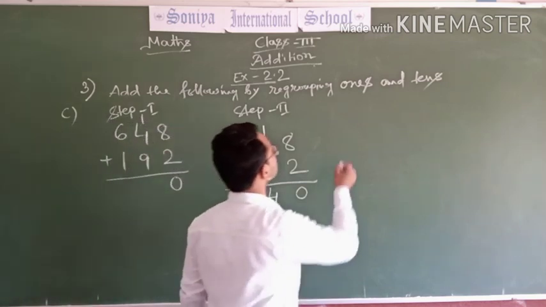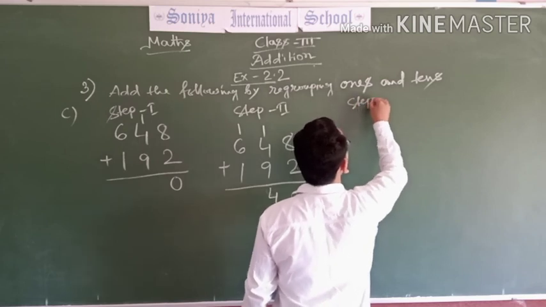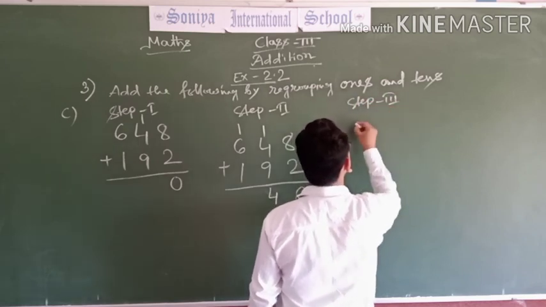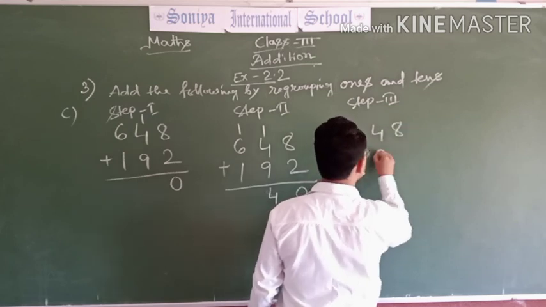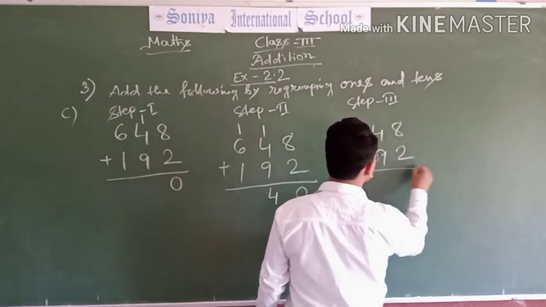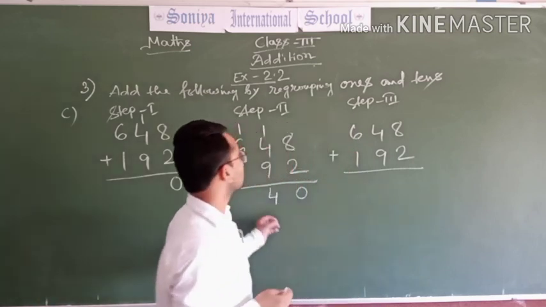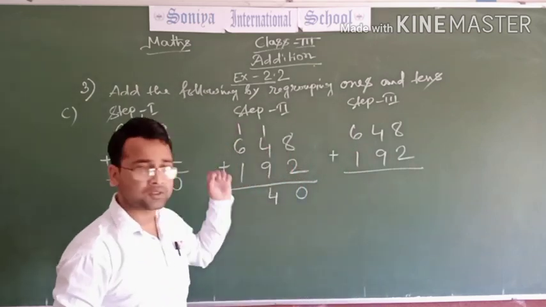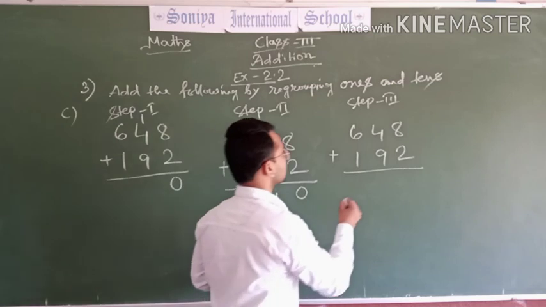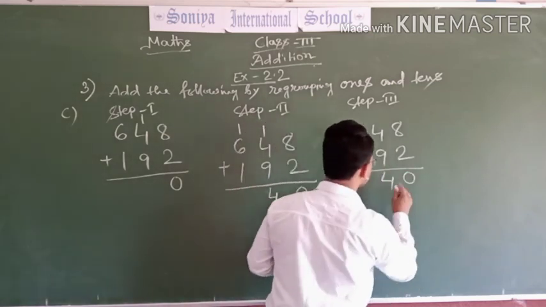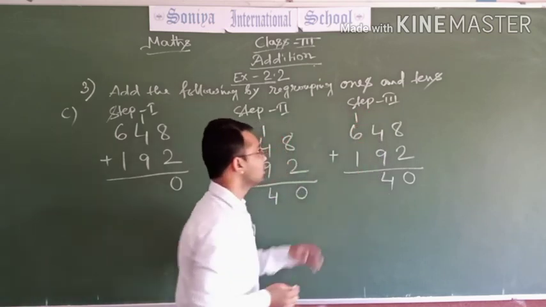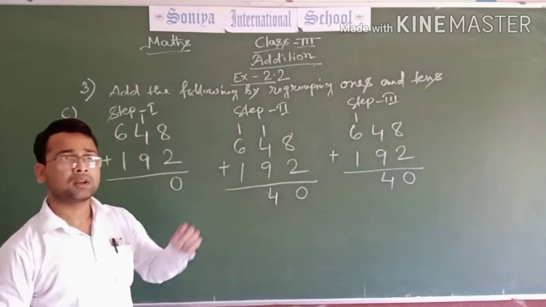Now the next step, step 3, 648 and 192. As we got from the first step and second step, first step 0 and second step 4 here, and there 1. So add 1 in step 3.